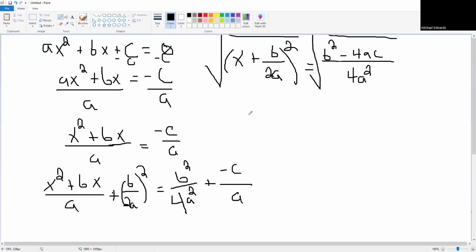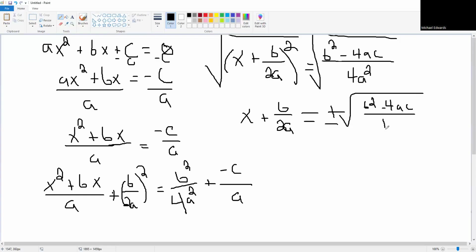And this ends up being just x plus b over 2a. And this is obviously the square root of that. It's plus or minus the square root of b squared minus 4ac over 4a squared.